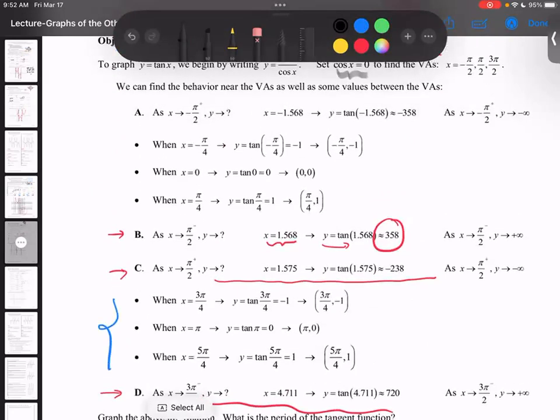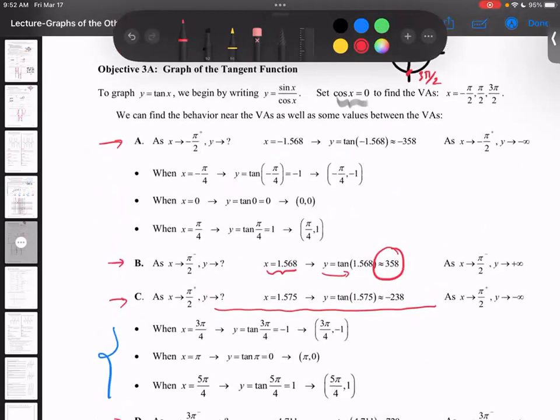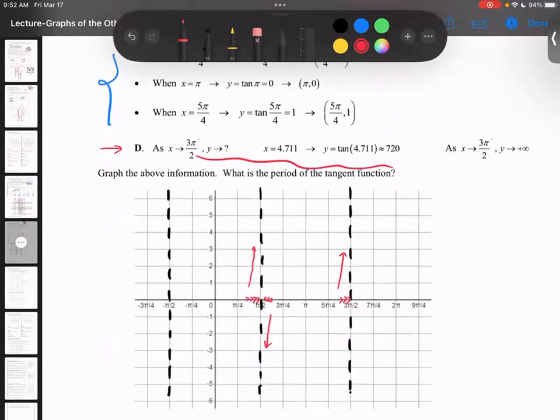Oh, they do have it here. So negative pi half from the right, y approaches negative infinity. From the right, like that, negative infinity.